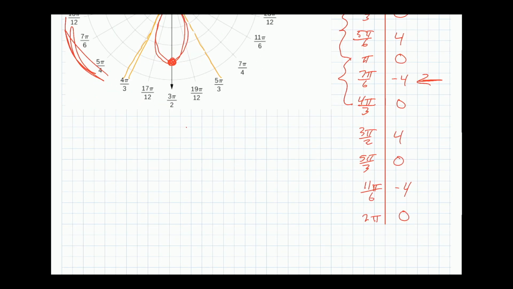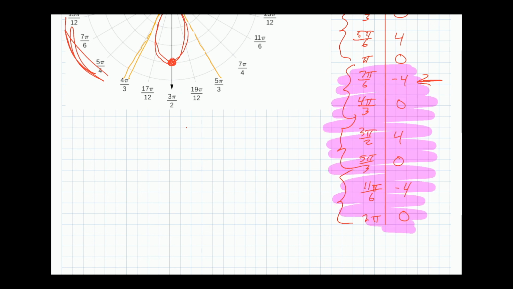So this one, and this one are all repeats. These are going to be 3 petals that overlap the first 3 petals that we already drew.